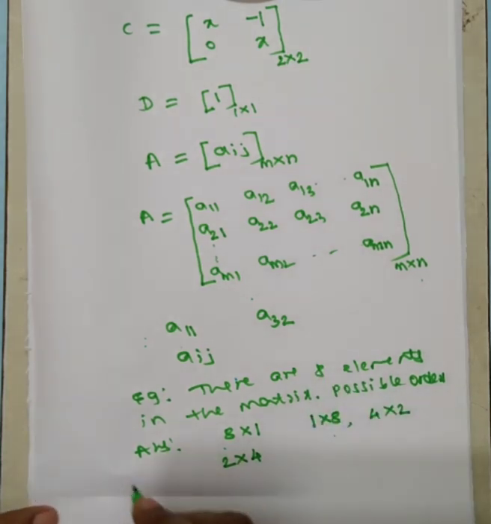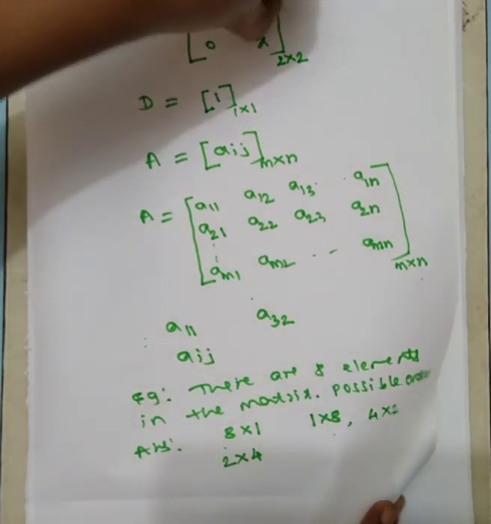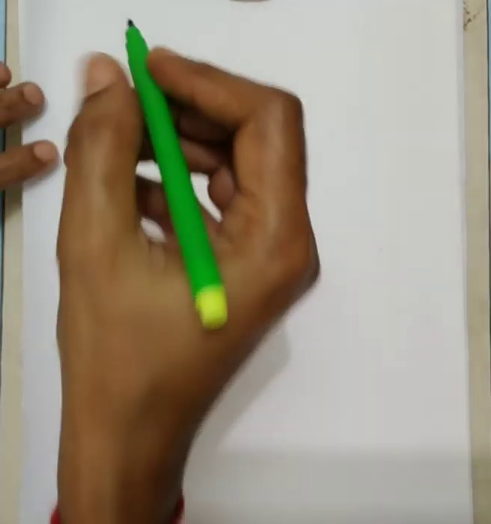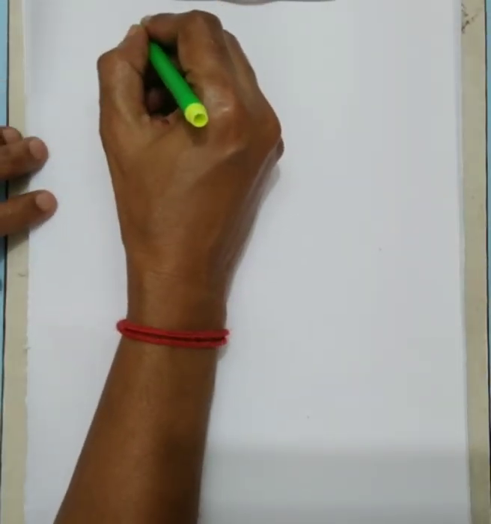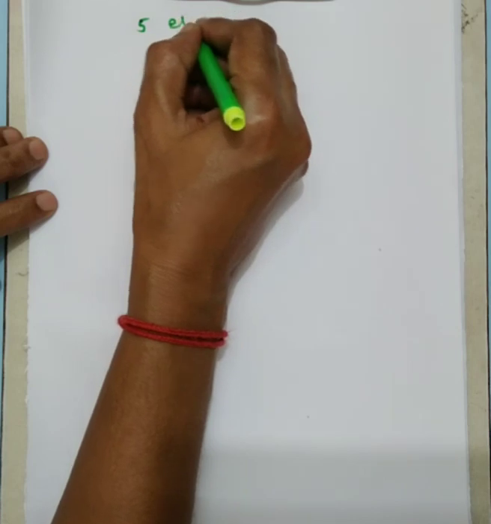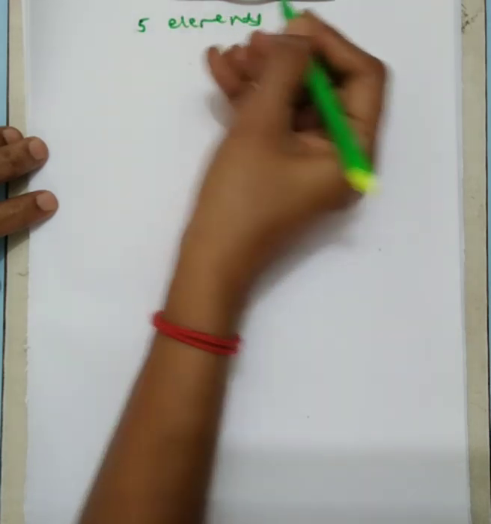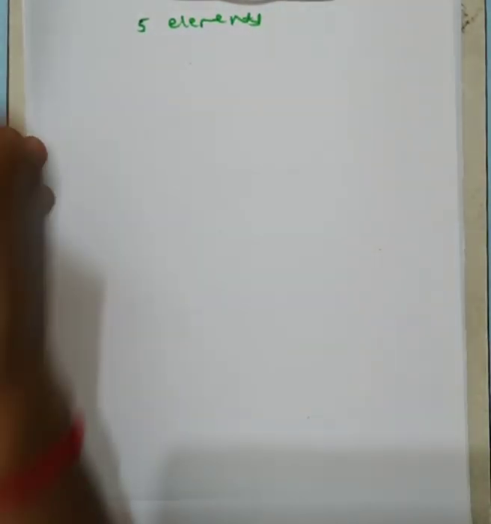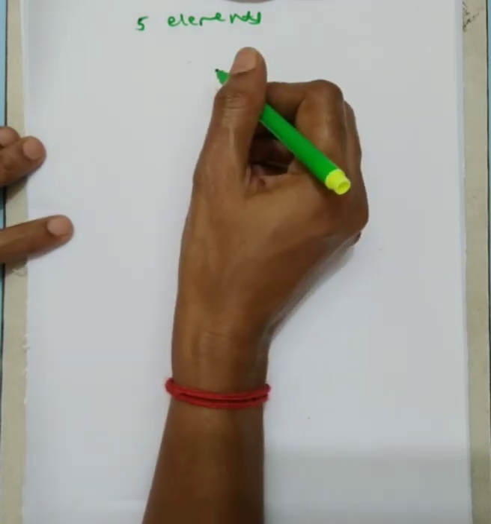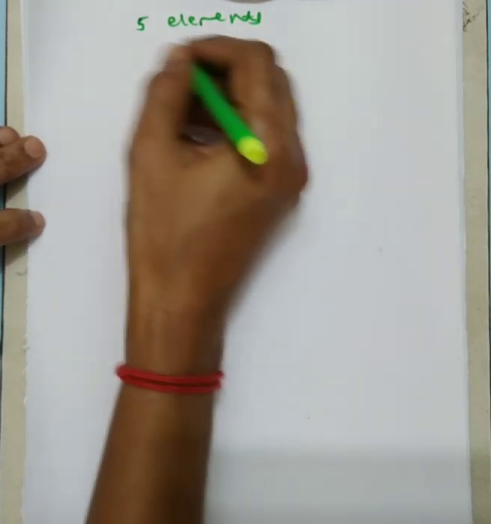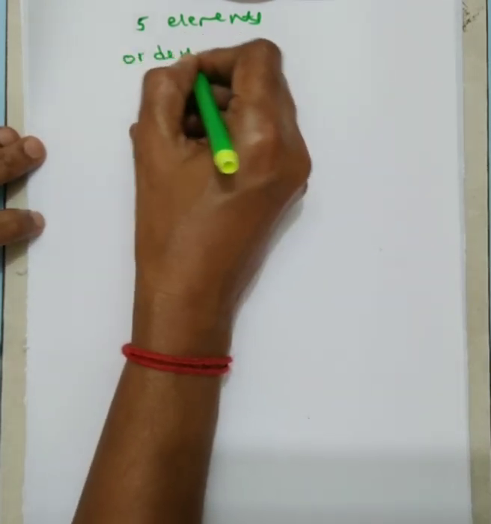You understood? Now suppose I ask you to find the possible orders of the matrix if a matrix has only 5 elements. What will the orders be?